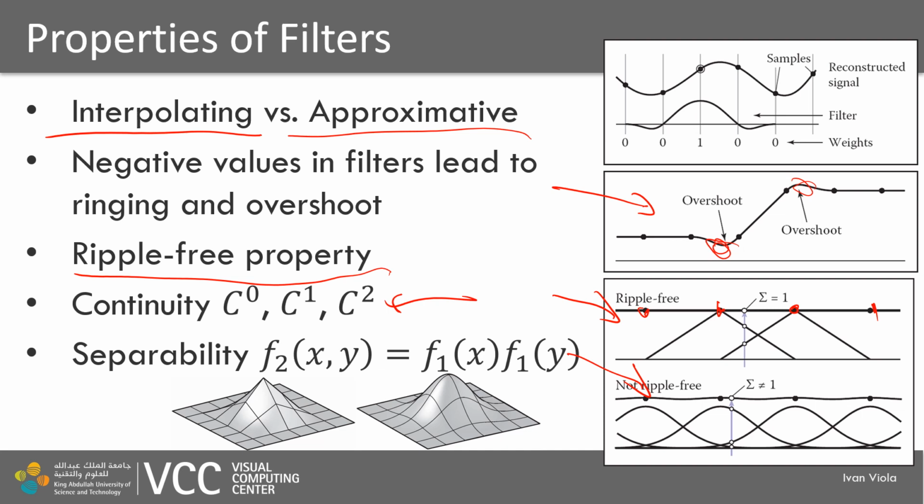From those examples we have been covering, the nearest neighbor interpolation carried out through the box filter doesn't have any continuity, because this is a discontinuous filter. However, the tent filter will be a C0 continuous filter. Cubic B-spline will actually be a C2 continuous filter, while the Catmull-Rom spline will be C1 continuous.